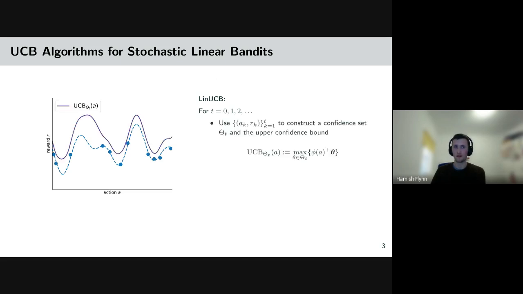Step 1 in round t is to construct a confidence set, Theta_t, and the corresponding upper confidence bound. We then select the action that maximizes the upper confidence bound, and we then receive a reward and repeat these steps. So this is the setting we consider and the algorithm, and this leads me on to our work.